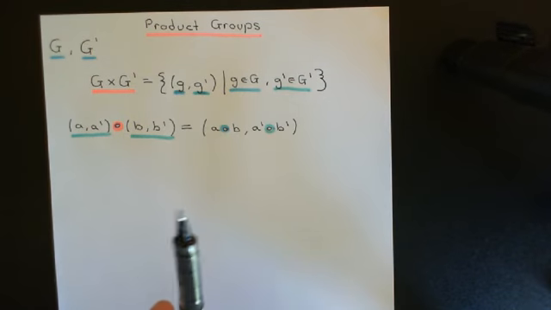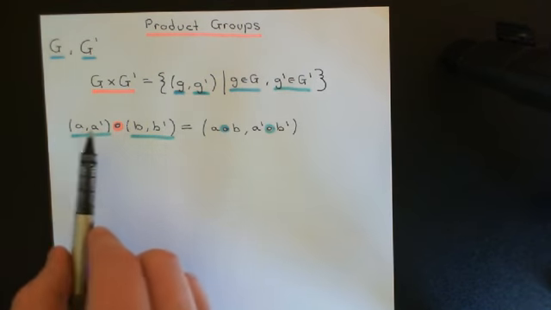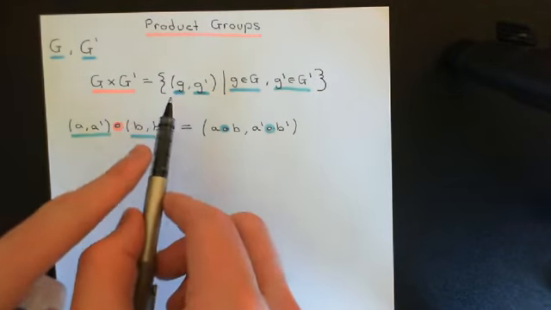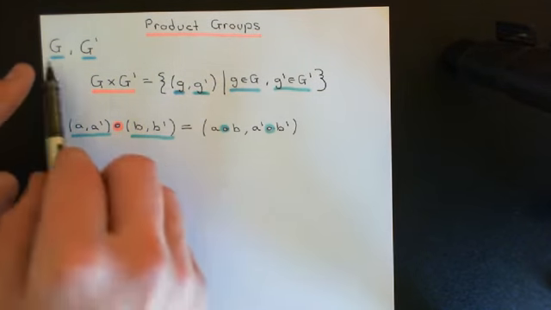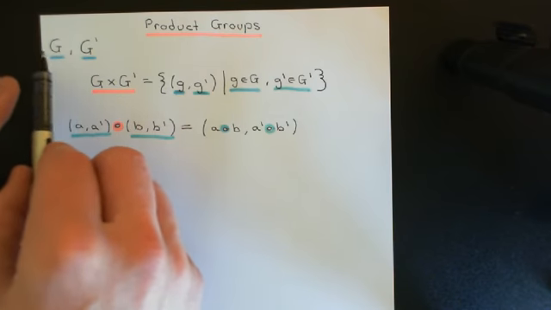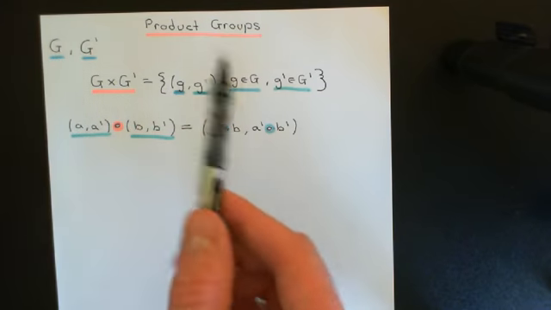So hopefully you'll agree now that whenever I compose two elements of this set together, I will end up with another element of this set, and that's simply because these are groups and therefore the composition laws on them are closed.